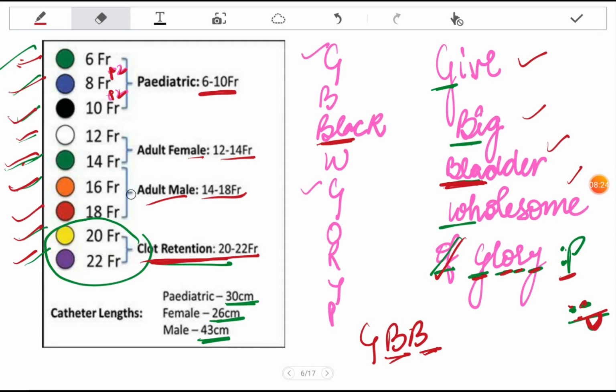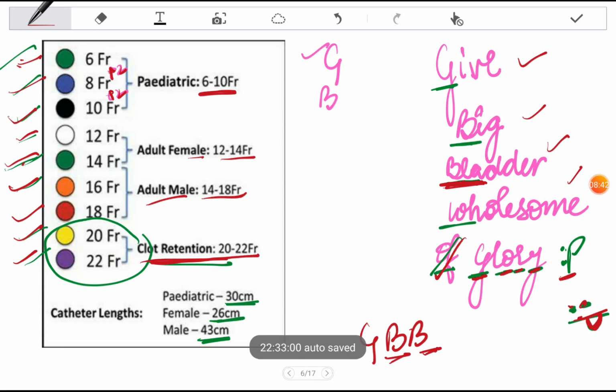These small ones cannot remove the clots easily, as the size of the clots is big, so instead 20 and 22 French catheters are used, so that the clots can come out from the bladder itself.